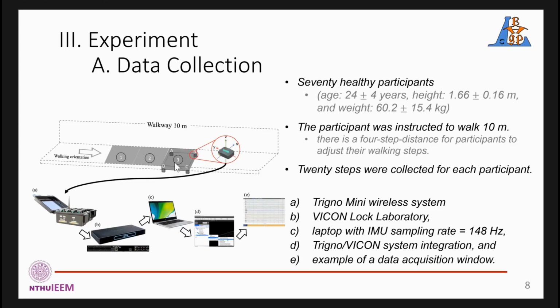As you know, the first step would be somewhat different compared to the rest. We collected 70 healthy participants, with their age, height and weight shown here. They were instructed to walk these 10 meters, and we collected 20 steps for each participant. The rest of the system is as shown here, so I won't go through this part.